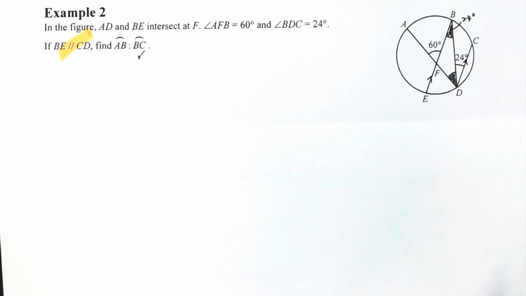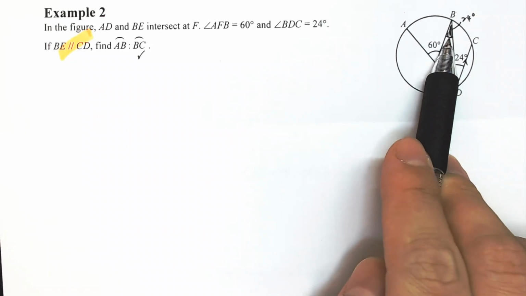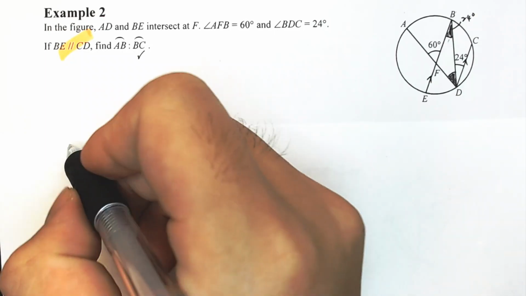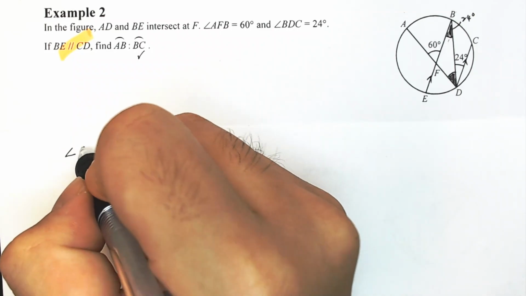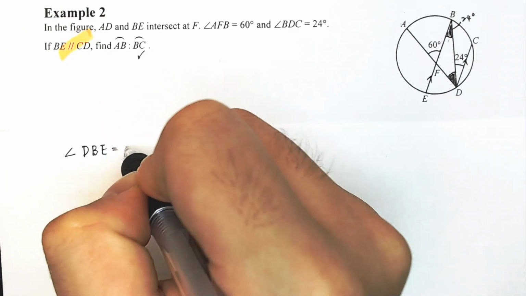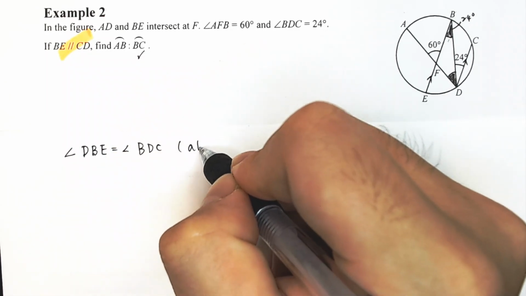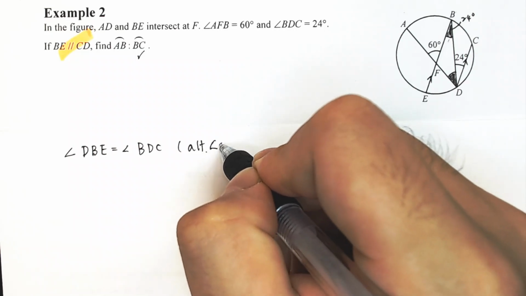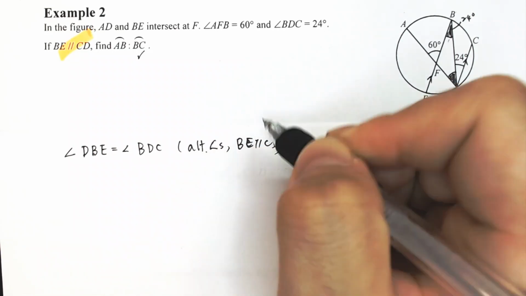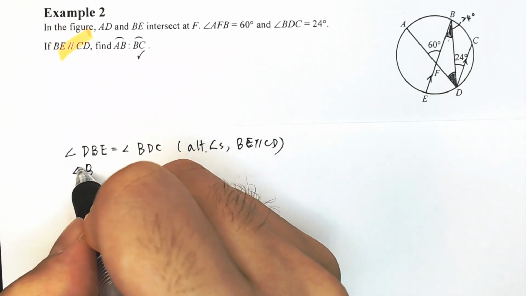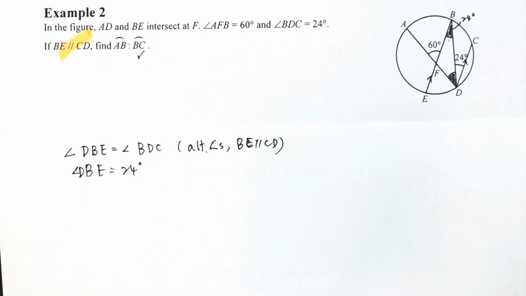So first of all, we need to find this angle, but basically we find this angle 24 degrees first. So we have angle DBE equals angle BDC, the alternate angles, BE parallel to CD, and thus angle DBE is 24 degrees.